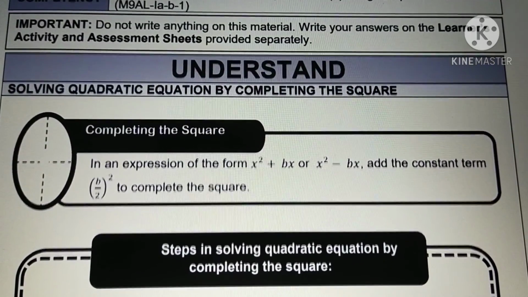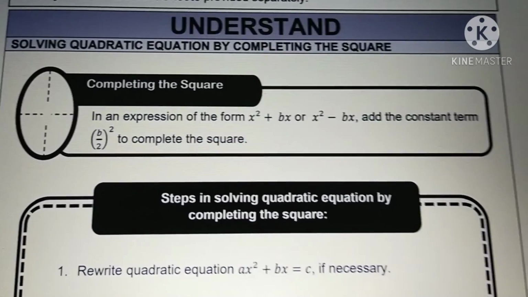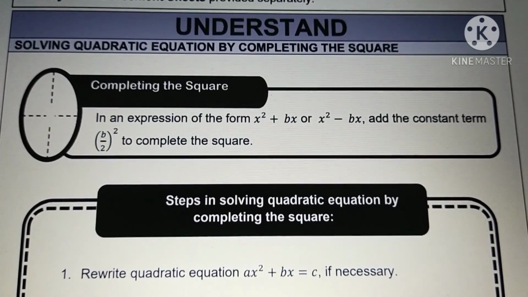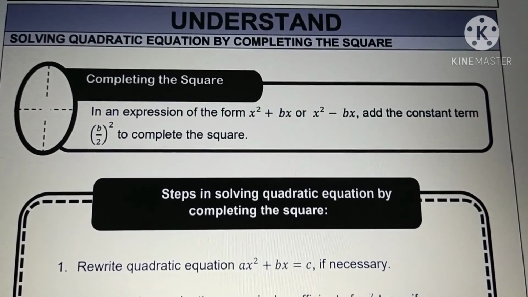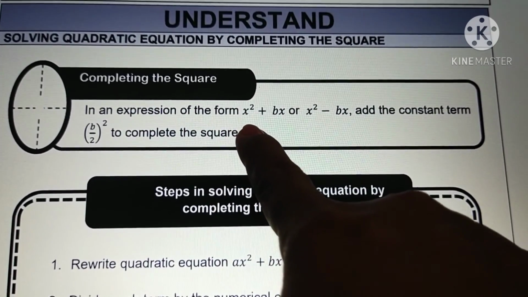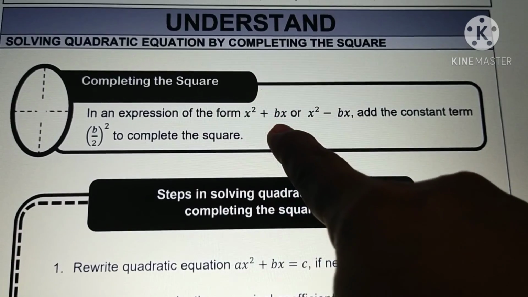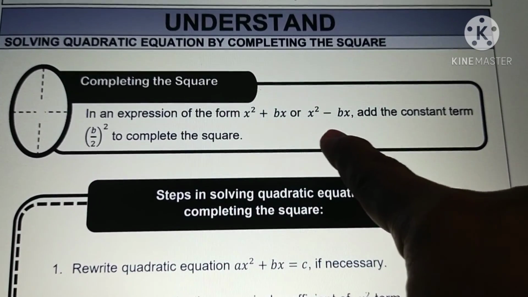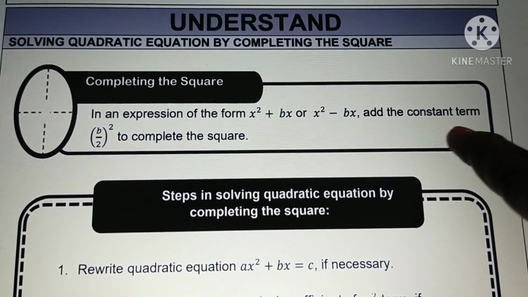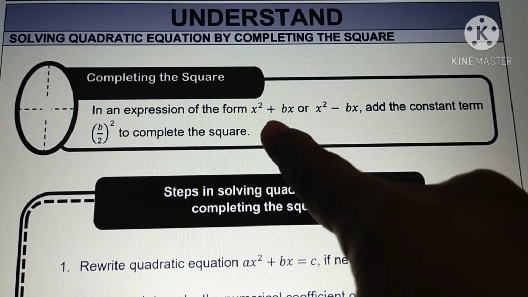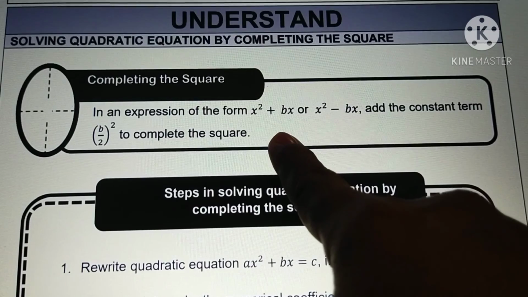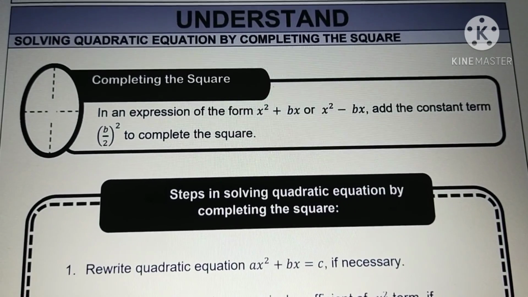Next, what do we need to understand in solving quadratic equation by completing the square? So we have here an expression in the form of x squared plus bx or x squared minus bx, add the constant term which is the square of b over 2.